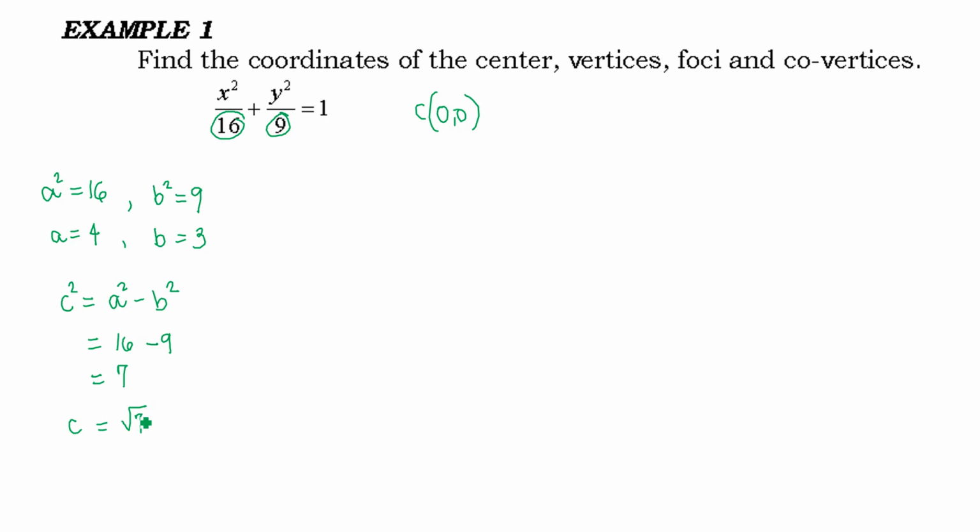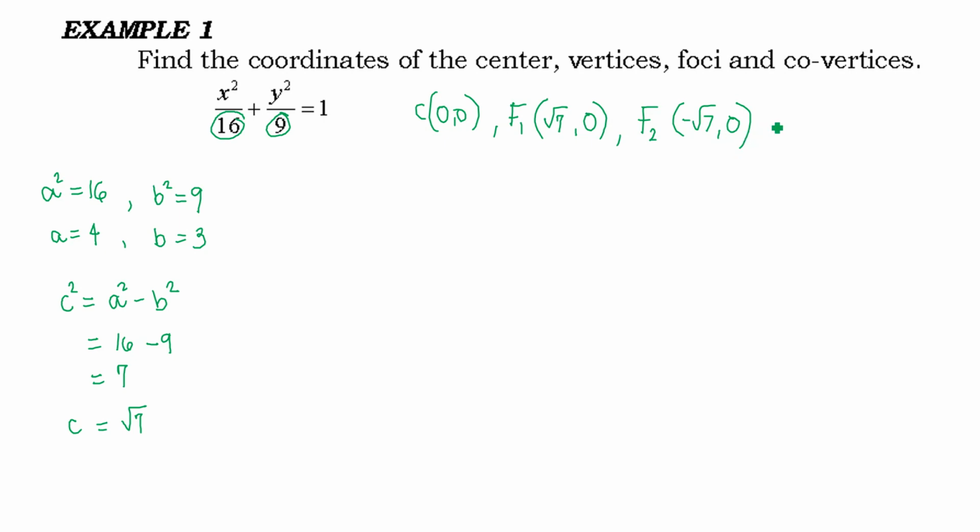Therefore, since the center is at the origin, then we have the foci. Let's say f sub 1 could have the coordinates of square root of 7, 0, and the second focus, let's say f sub 2, would be negative square root of 7, 0.